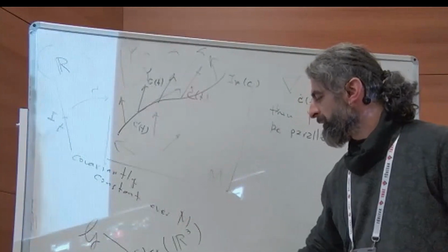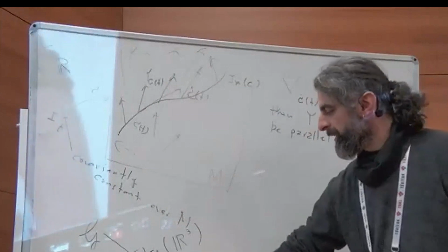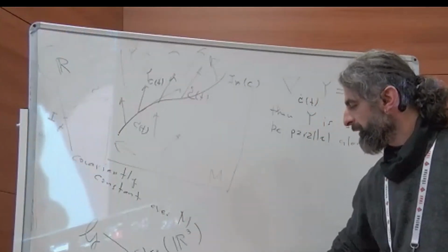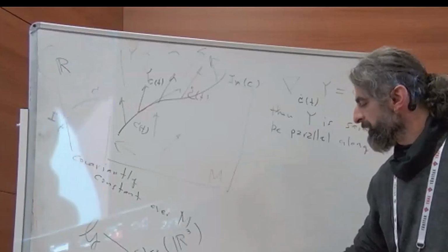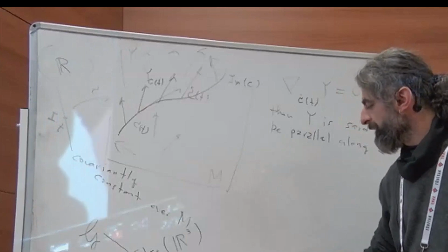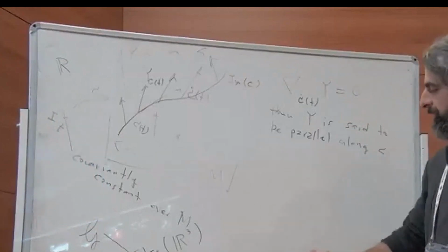This is 0. So I can write this as del of e_i in the direction e_j, for i, j. This is 0.